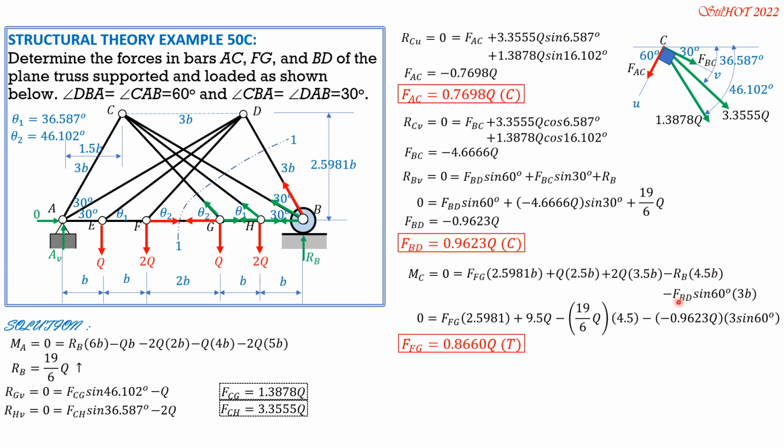Then minus F_BD, which is negative 0.9623Q because it is compression, times moment arm 3 sine 60 after we cancel out b. So from there, we can now solve F_FG in terms of Q. So F_FG is 0.8660Q. Because it is positive, it is tension. So that's it for this problem.